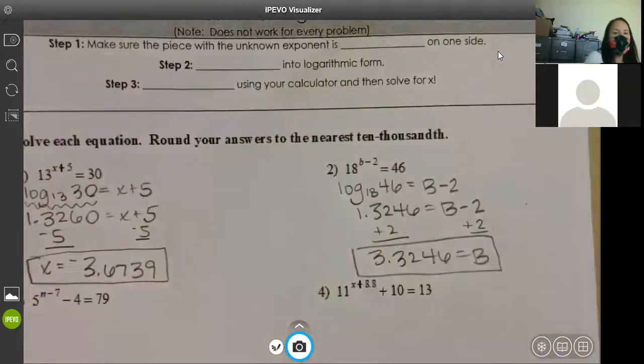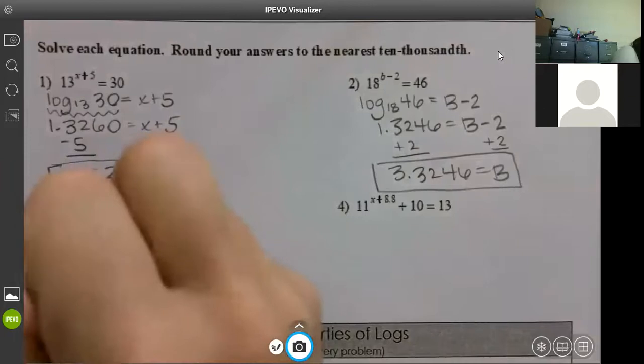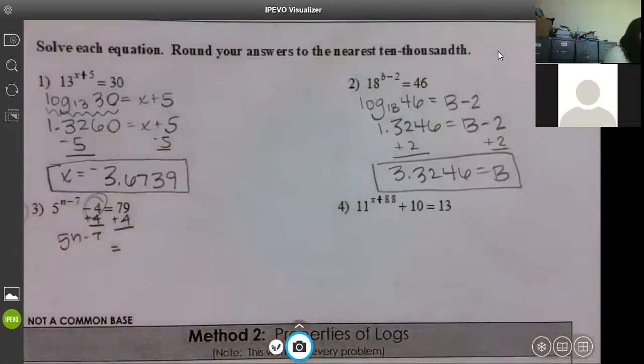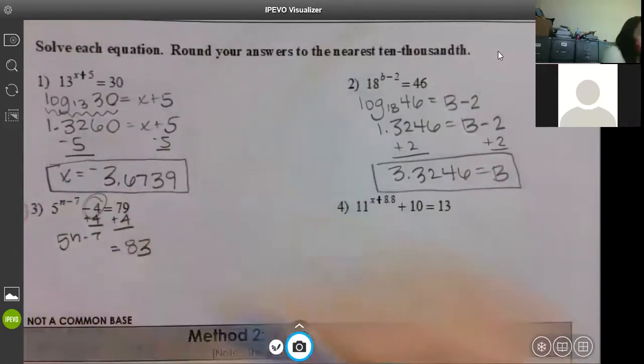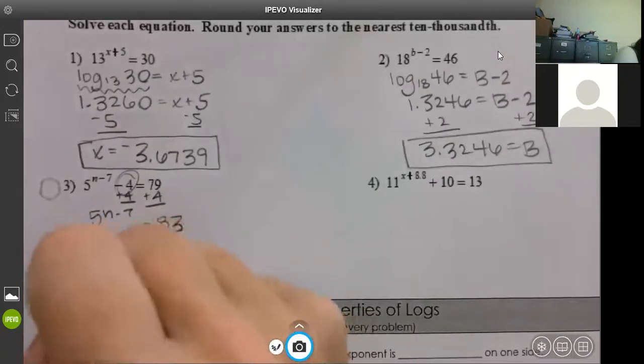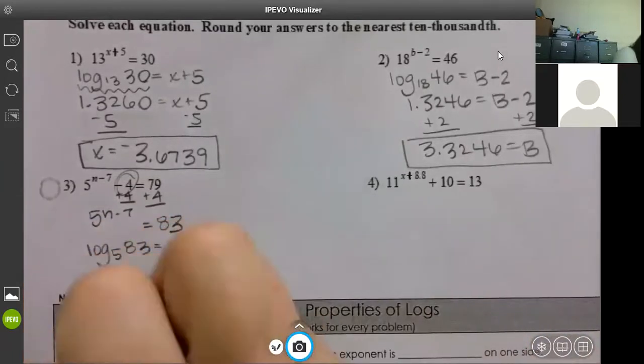All right, so what's different about 3 and 4? There's another number. Just like logs, we need to get that exponent by itself, so we don't want that other number, and the other number he's talking about is this right here. We got to get rid of that. How do we get rid of it? Add 4. So you want to get rid of that first. Add 4. We get 5 to the n minus 7 equals 83. Now it's just like 1 and 2. We're going to write it in log form. So we're going to do log. Push your left, your right, and your middle.